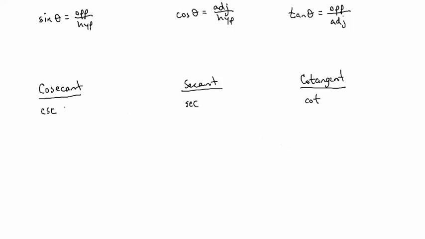Okay, the input again is the same acute angle theta, which we had listed in our triangle. And the outputs of these 3 trig functions are the reciprocals of the ones we see above. So the cosecant of theta, the output of that is the reciprocal of the output of sine theta.